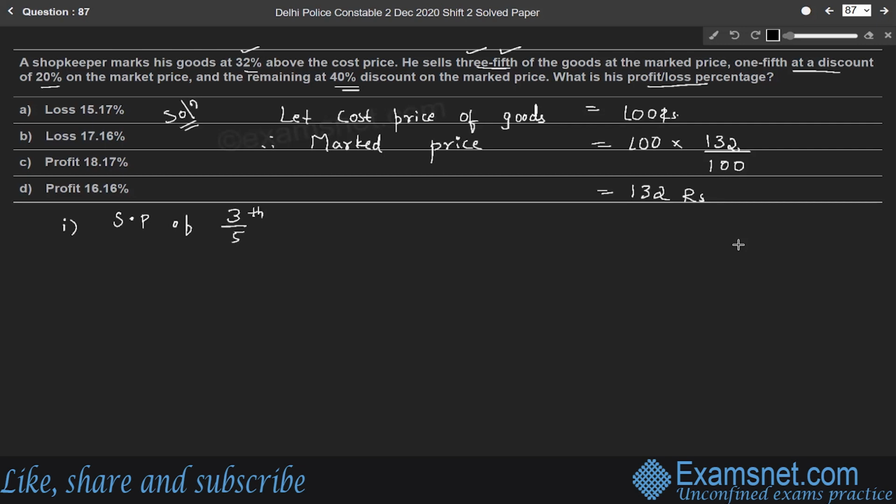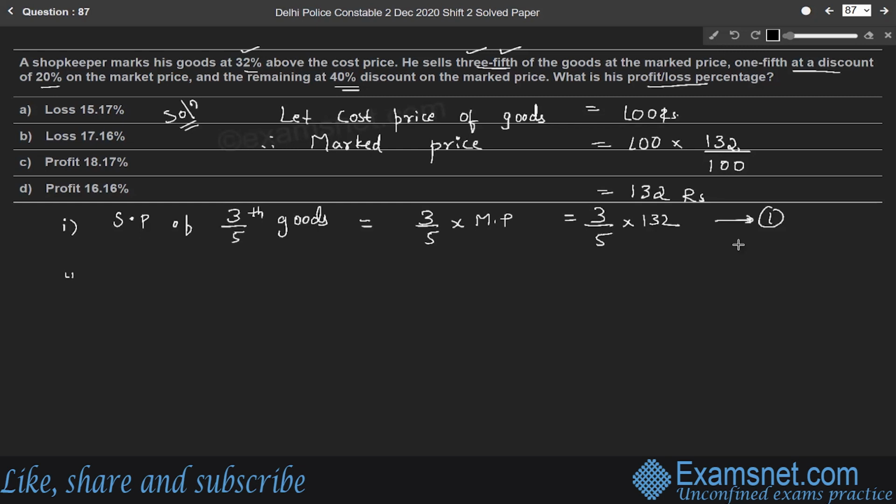Selling price of 3/5 goods is equal to 3 by 5 into market price, so 3 by 5 into 132. Consider this as equation 1.